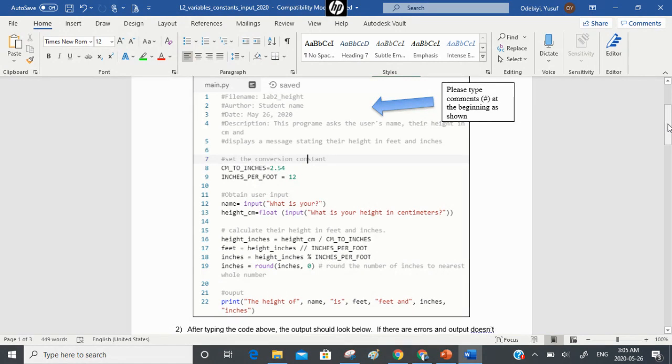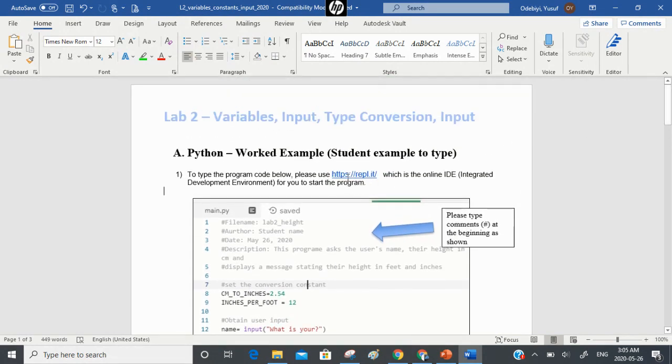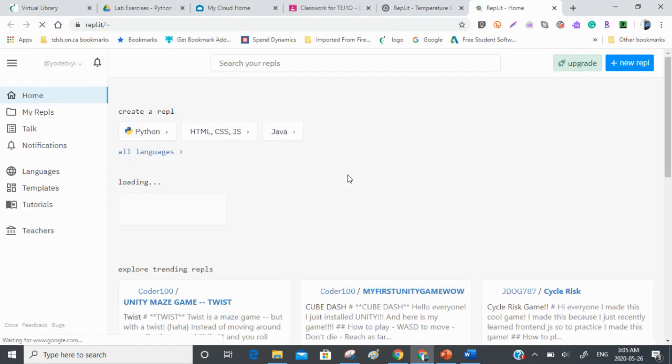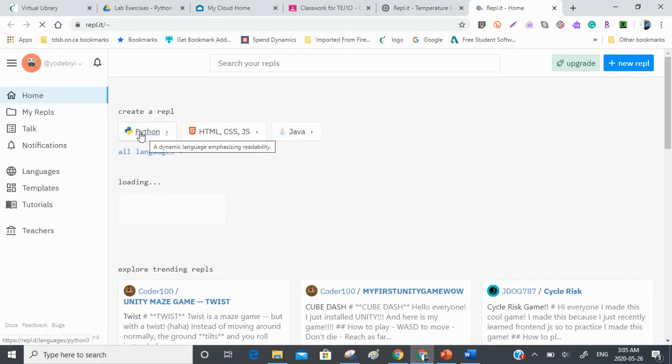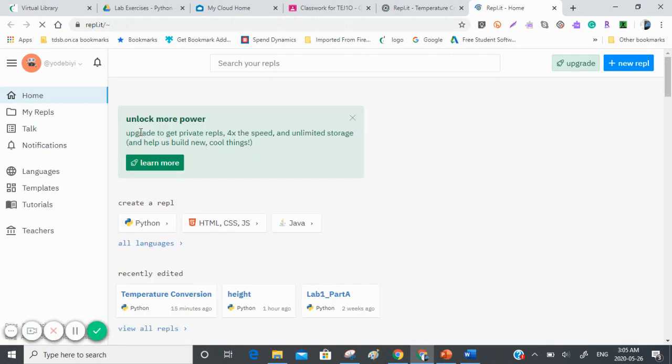And where do you type it? You have to remember, you're going to click on this link. That link takes you to the IDE that you use online. You have to sign in, and after you sign in, you pick Python as your language.